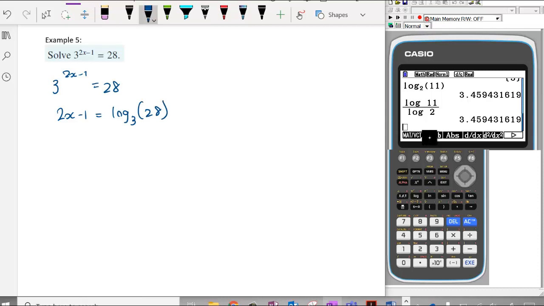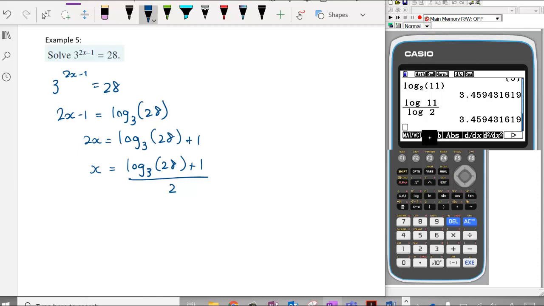So now we have 2x take 1 is equal to log base 3 of 28. If we add 1 to both sides, we get 2x is equal to log base 3 of 28 plus 1. And if we divide by 2, we get x is equal to log base 3 of 28 plus 1 on 2.